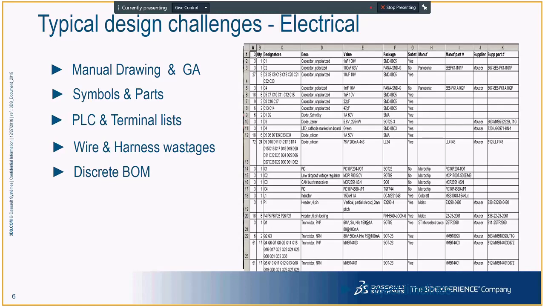And BOM, the bill of material, or bill of quantity, is also another name for this. To prepare the bill of material, segregated per manufacturer or as a consolidated sheet, one has to refer to all the schematics and the number of elements, what the manufacturers are, what the part numbers are, how many quantities have been used, what description is associated, which location it is in, and what the item code is. All these typical specifications of the components have to be reflected manually in a bill of material table.